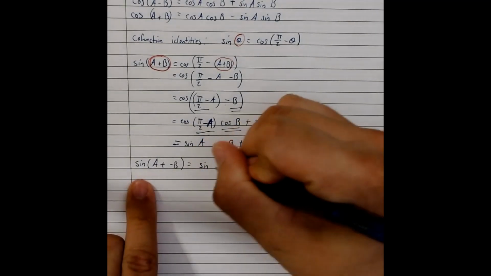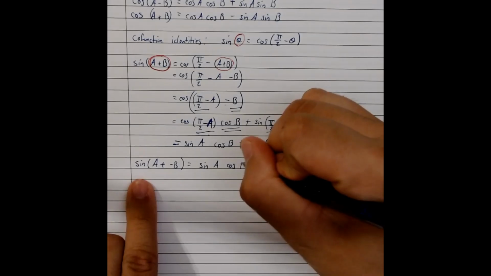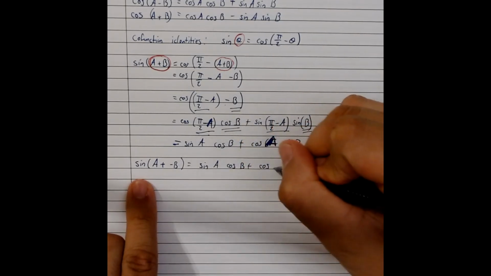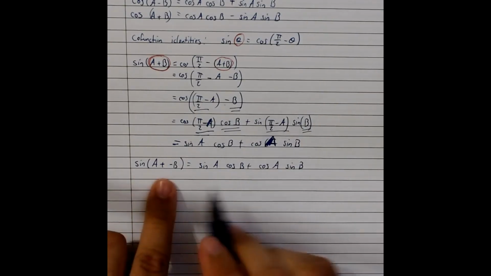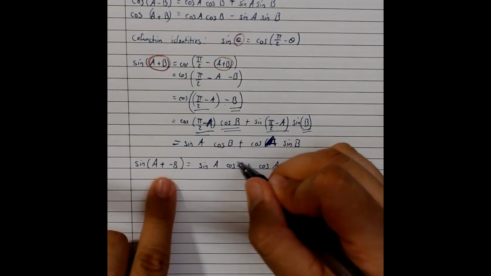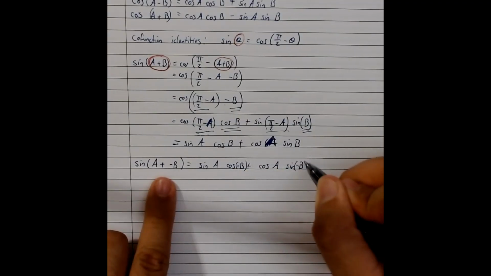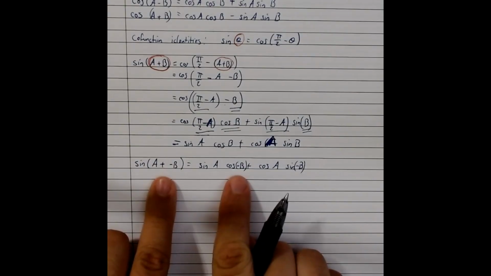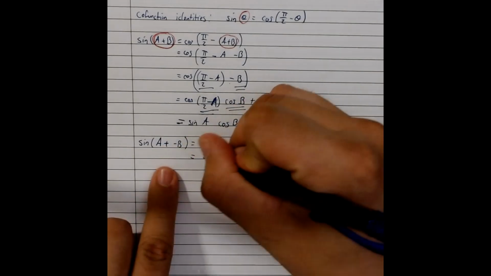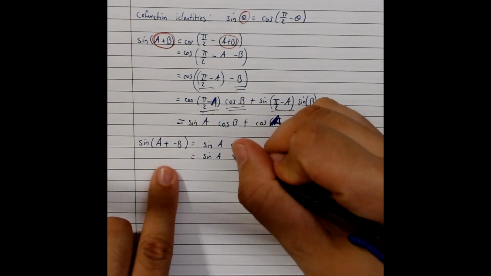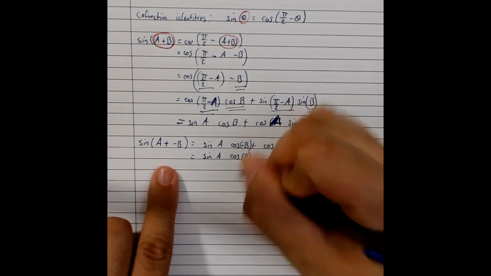So that's sine of A cosine of B plus cosine of A sine of B. Oh yeah, but the B's are being replaced by negatives. So that's negative B right there. Well, the cosine is an even function. So the cosine of negative B is just the same as the cosine of positive B. So with or without the negative, it's still the same. So let me have it without the negative.